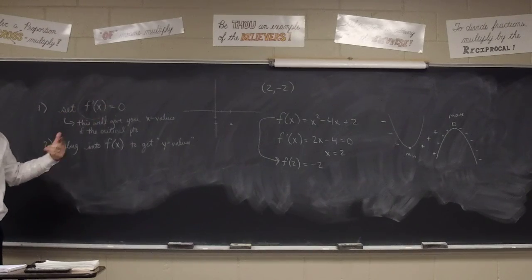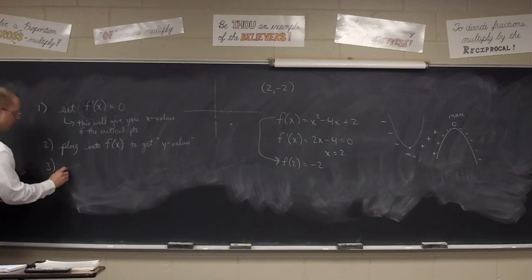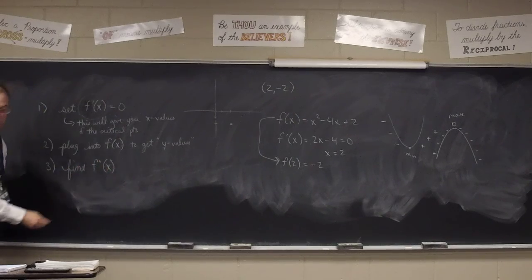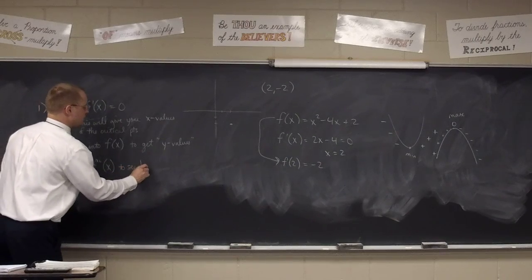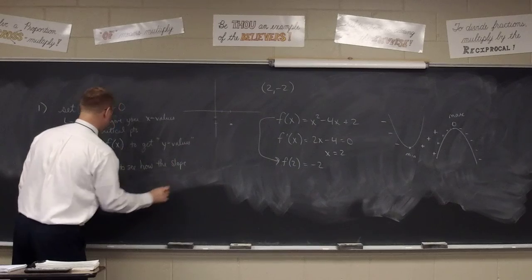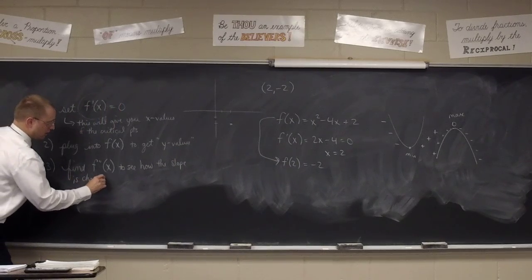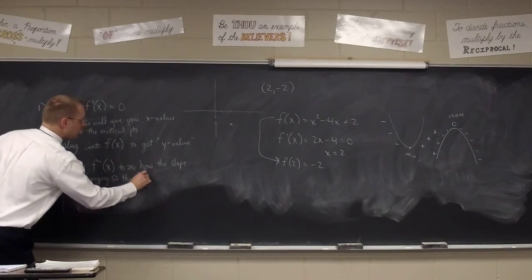You show me where the slope is 0. But the second derivative will tell me how the slope is changing. So step number 3, find f double prime of x to see how the slope is changing at these points.